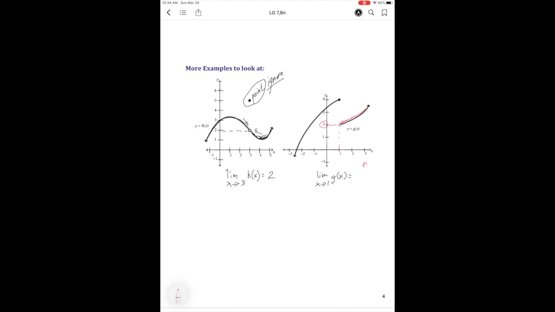So we say the right hand side is 2. All right. And if we come on the left side, approaching 1, the left hand side is 4. So see how these are not equal? They're not equal. So therefore, the answer to this question is does not exist. Okay, so we'll say DNE.